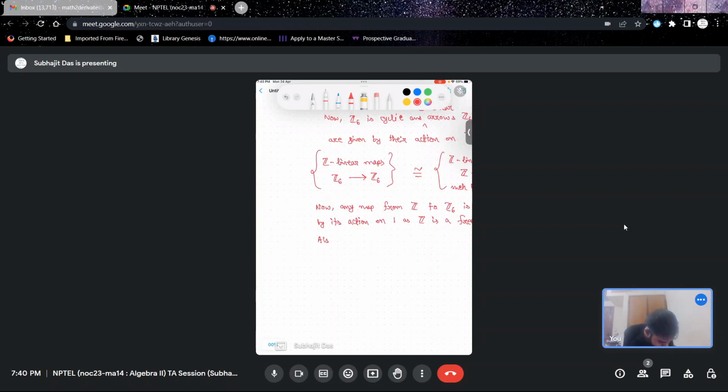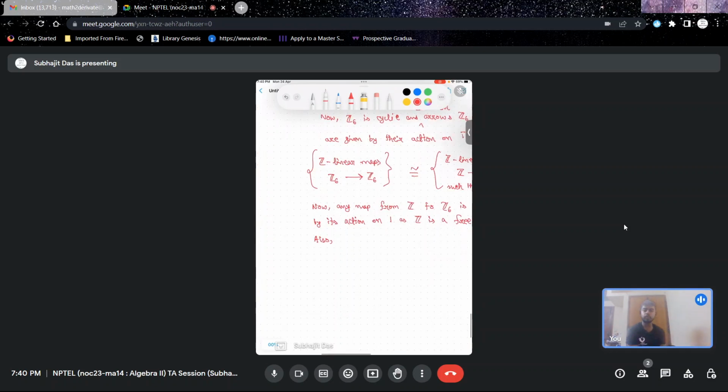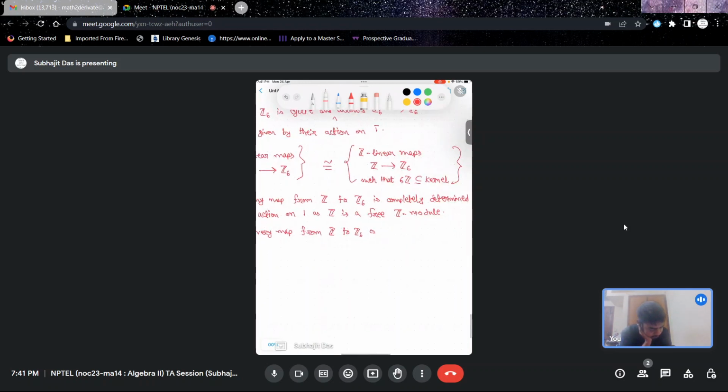Also, no matter wherever 1 is mapped onto, 6 times 1 is 0. So also every map from Z to Z6 contains 6Z in its kernel.